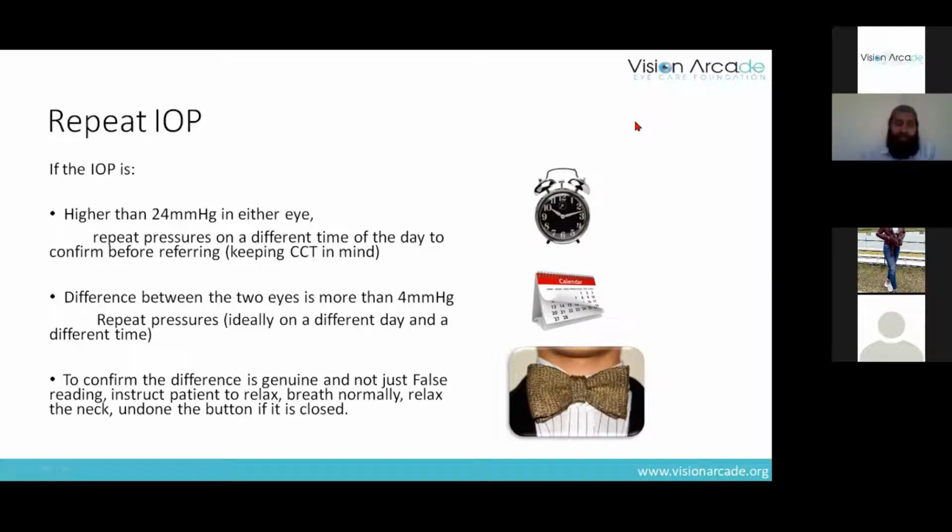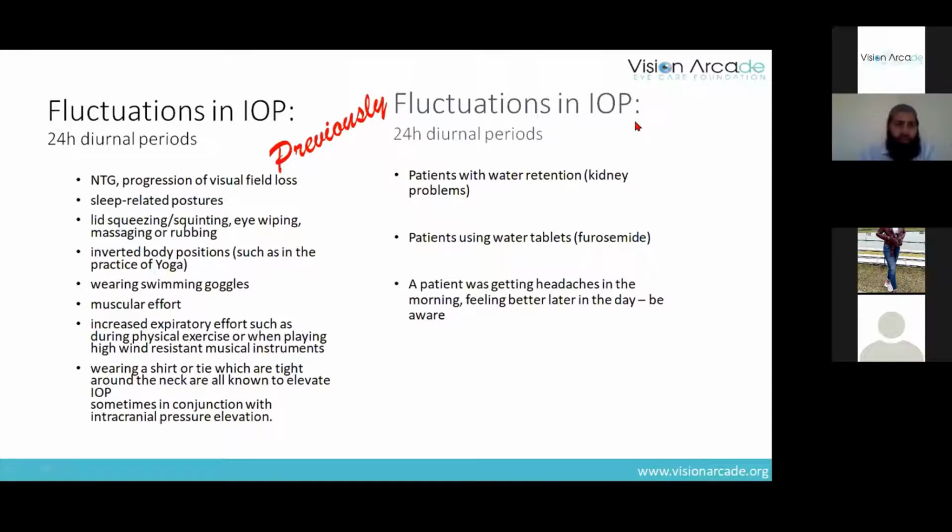Generally, it really relaxes them. Just a simple thing like think happy thoughts really calms them down, and the pressures generally tend to show lower readings. And just make sure that the top button is untied, and that you're not wearing a tie which is too tight. Right.